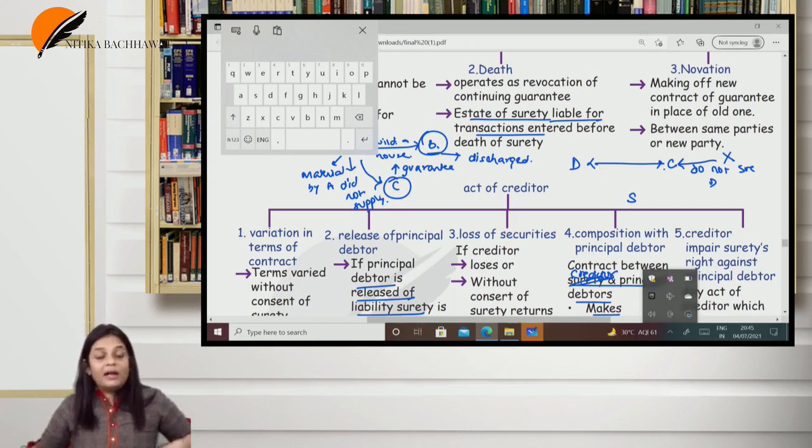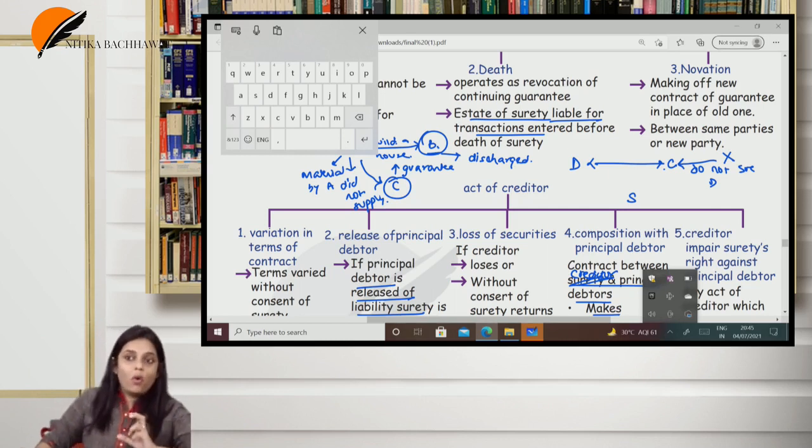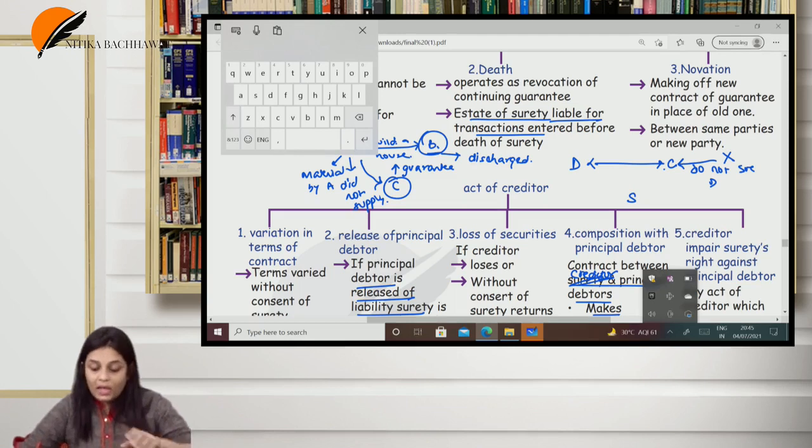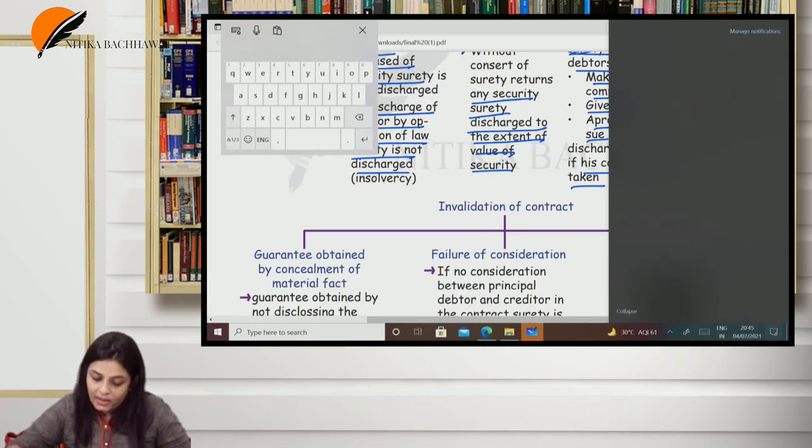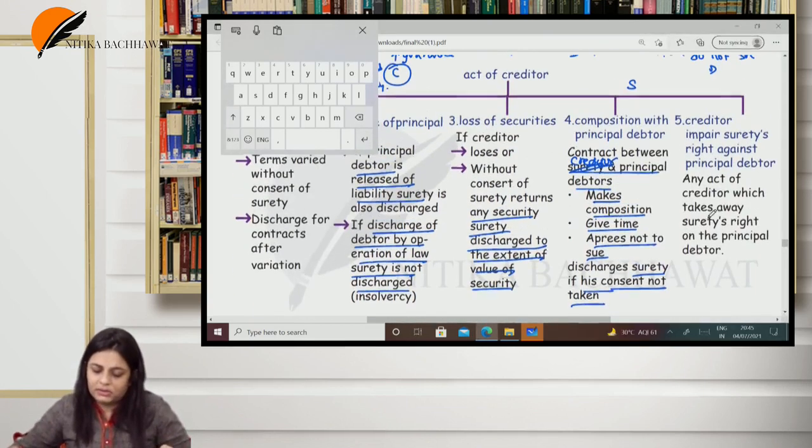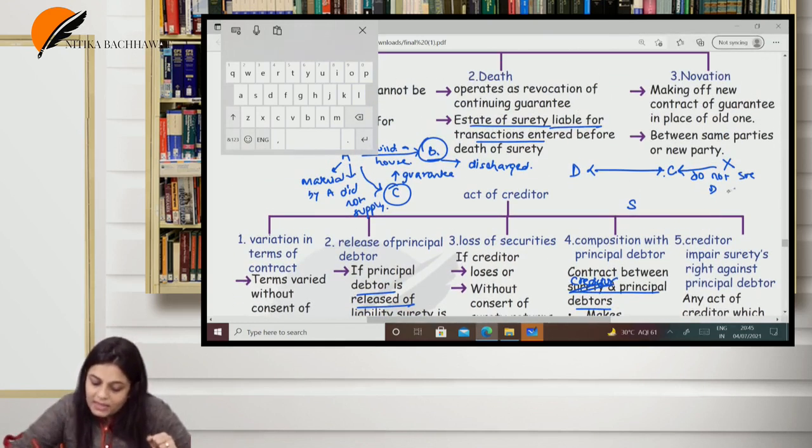X, a third party, goes to C and says, whatever happens, please do not sue D. And C agrees.